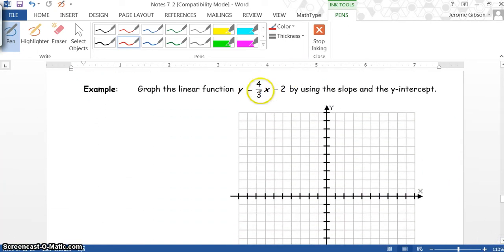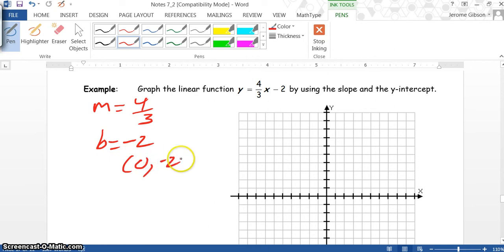It says graph the linear function y equals 4/3 x minus 2 by using the slope and y-intercept. This is already in slope-intercept form, so the slope here is 4/3 and the y-intercept is -2, or we will write it as an ordered pair (0, -2). Now we will graph (0, -2): go to the origin, go down 2. And then now we have to do the slope.